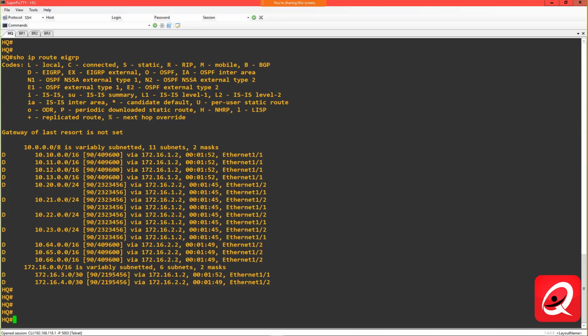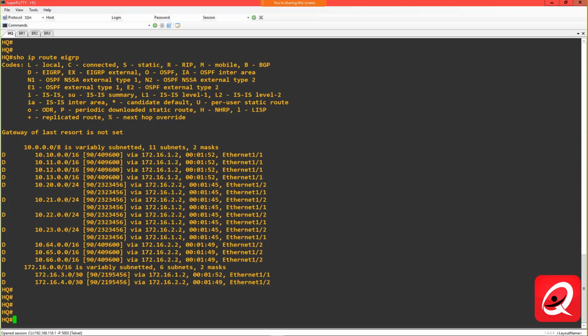Now, with regard to EIGRP and summarization specifically, our primary concern years ago with summarization was to reduce the overall size of the routing table because we had limited amount of memory that could store routes in the routing table. Nowadays, though, it's really to make the protocol more efficient.